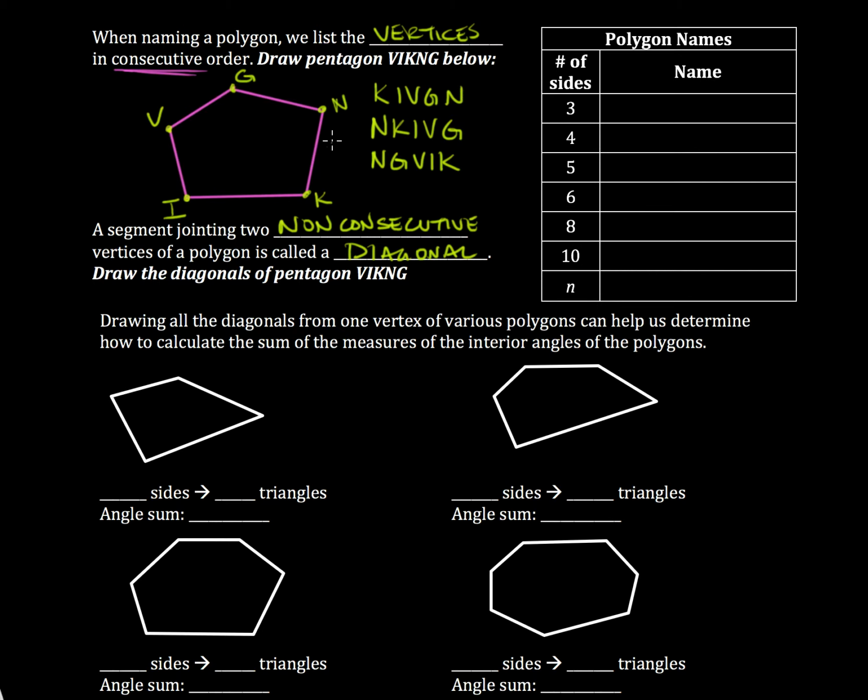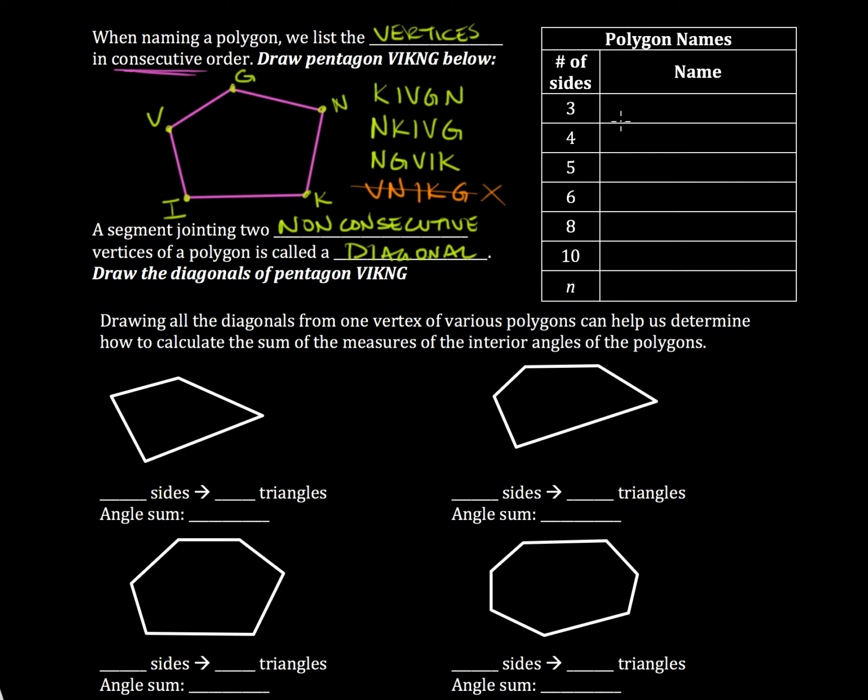All of these, and there's obviously more, would be okay names for this polygon. What I can't do is start at V and then skip over to N, then skip back to I and then go to K and then go to G. That doesn't work. So let me cross that off because I didn't list the vertices in consecutive order. I jumped all around across my polygon there.